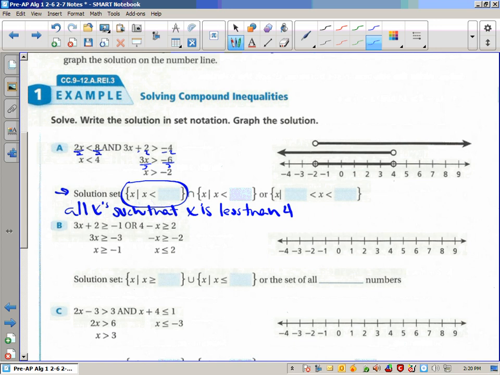Okay, this little bar, again, I don't know who came up with this, but we do use this quite a bit in upper levels of math. So we will continue using this notation from here on out. So all x's such that x is less than 4.